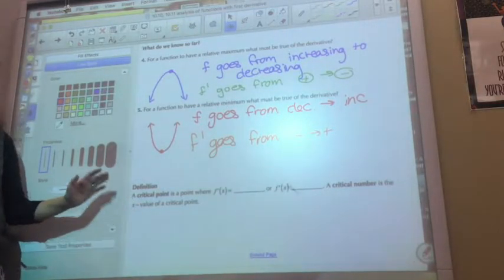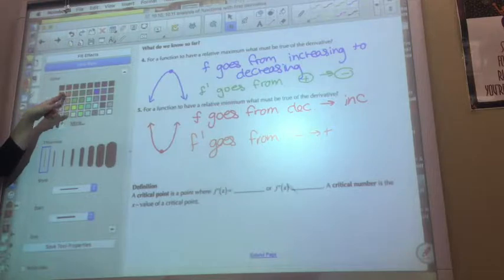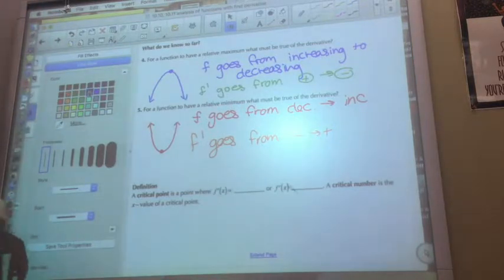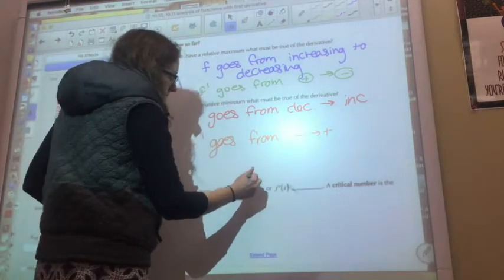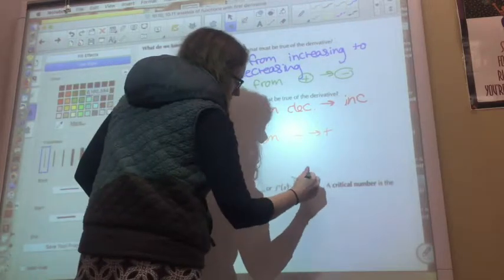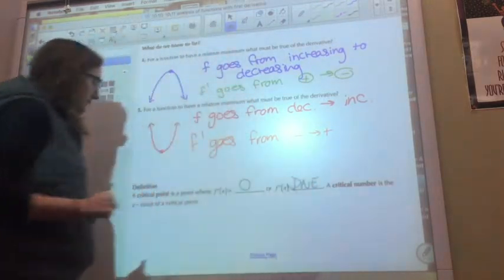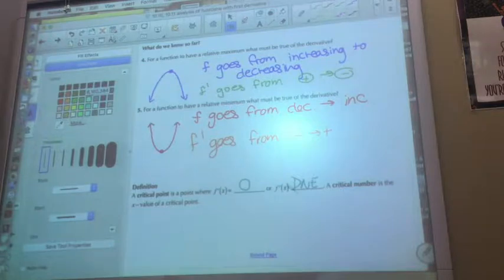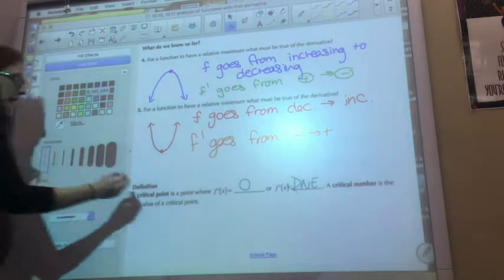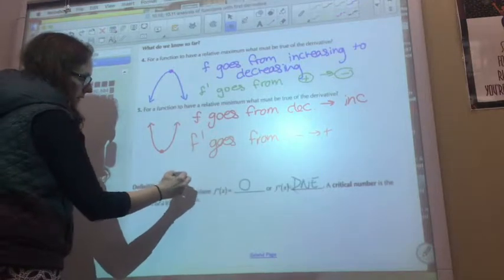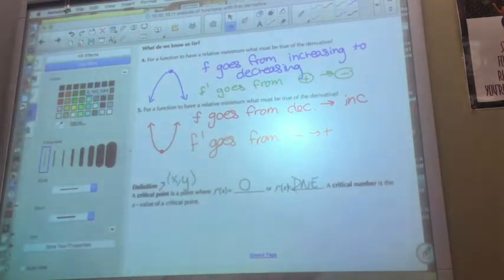So here's a definition. This is new vocabulary for us. A critical point is a point where f prime of x either equals 0 or does not exist. So a critical point is a point, meaning x and y, where our derivative either equals 0 or our derivative does not exist.